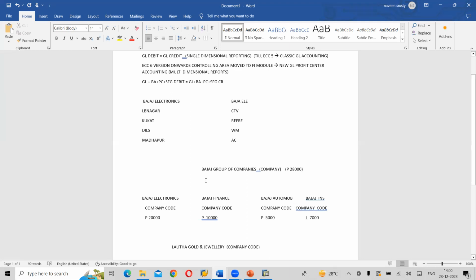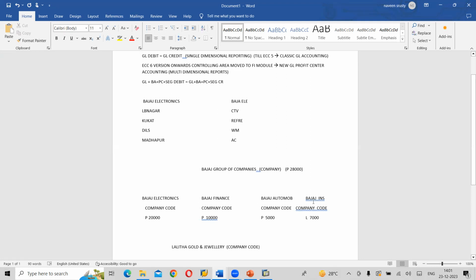When it comes to company, it is optional. Why? Because are we creating any company for Lalita Jewelers? Without creating a company, can we continue our business here? Can we record the transactions? Yes, sir. Because we don't have any other business. But here we have multiple segments: one segment Bajaj Electronics, one segment Finance, one segment Automobiles.